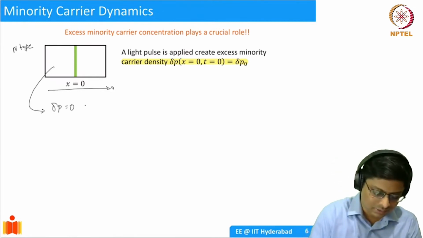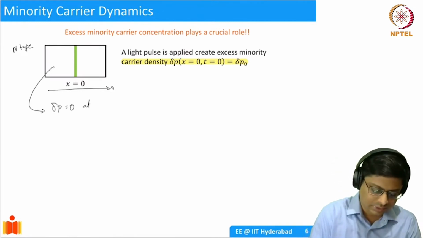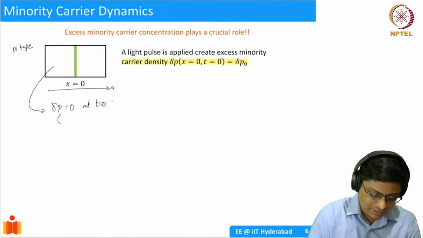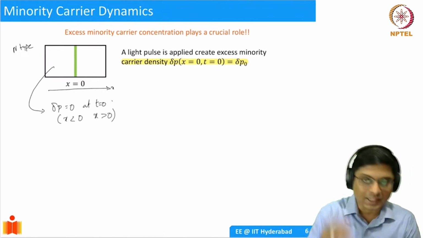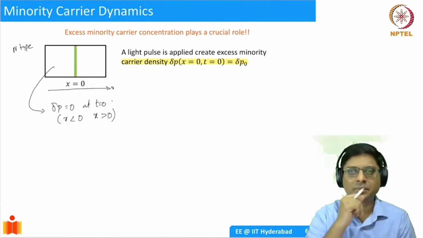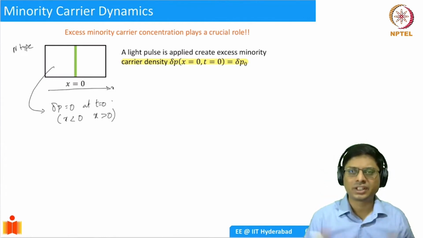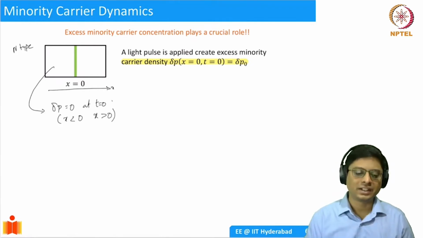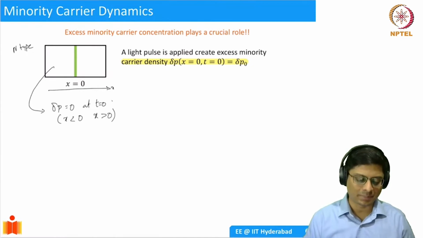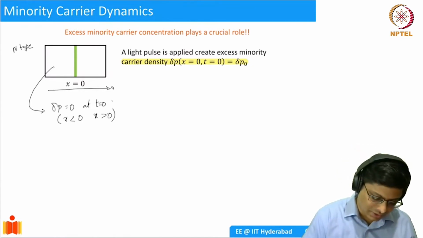At t equal to 0, for x less than 0 and x greater than 0. At x equal to 0, we have exactly delta P naught. At every other place, there are no excess minority carriers. So there is a concentration gradient, and we saw that there is a diffusion process that happens whenever you have such a situation.